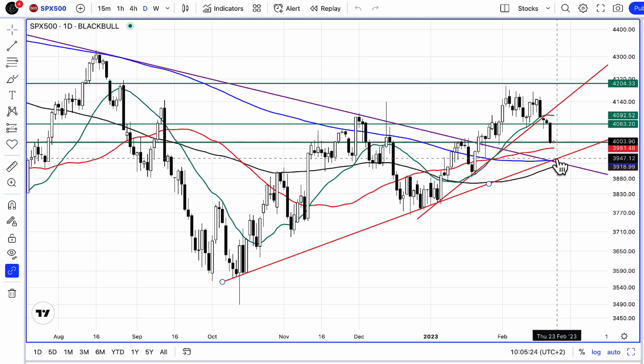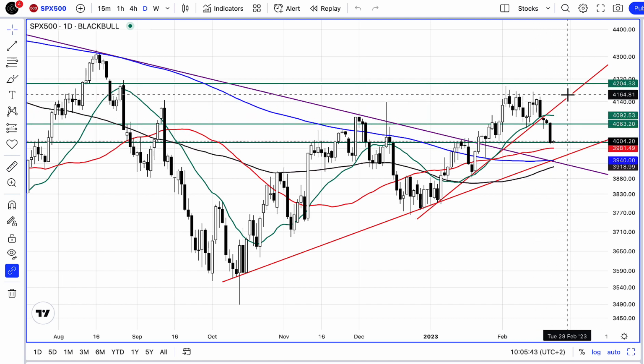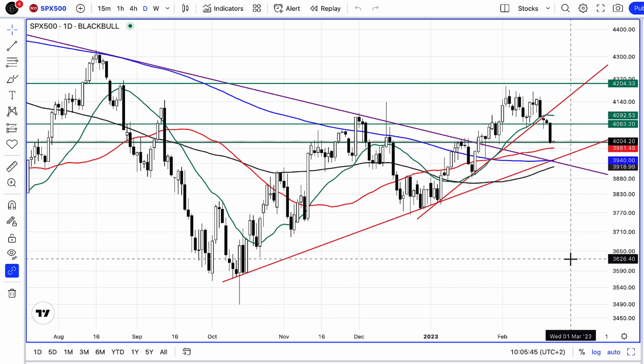So I think possibly we'll get a move down to maybe 3960. This one, if anything, looks a bit safer to trade on the short side, down to about 3950, 3960, maybe 3980 before an attempt back up to the underside of this rising trend line. So very choppy.